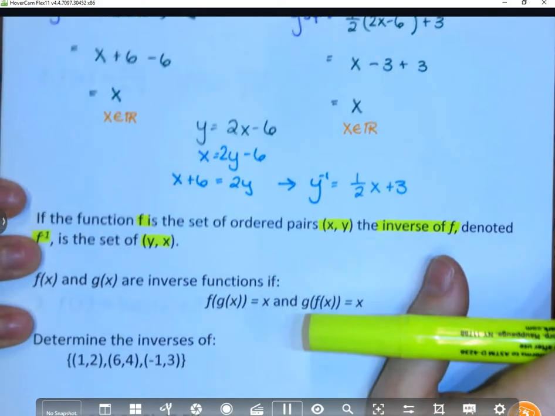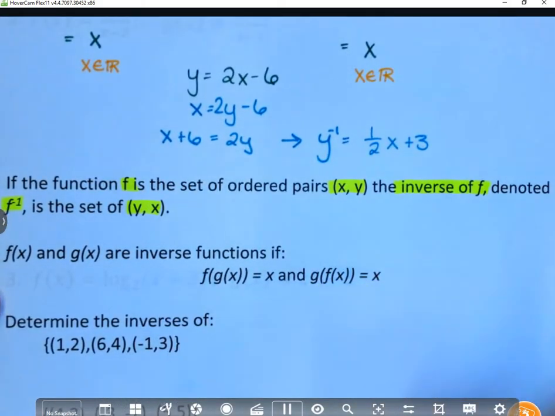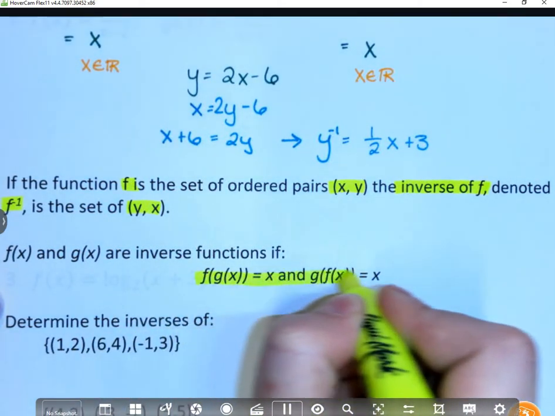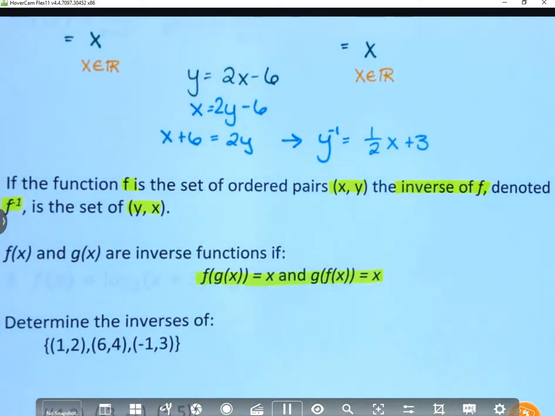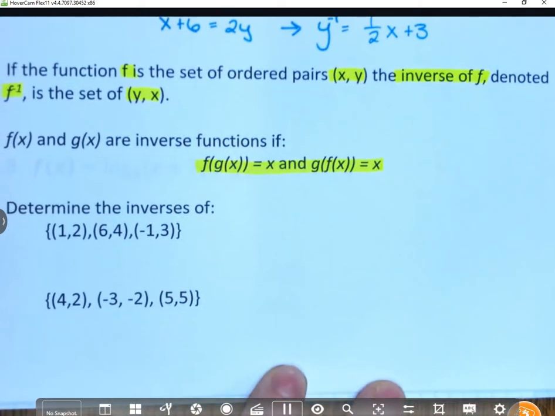And so we get to say that two functions are going to be inverses of each other if, when I do a composition both directions, f of g and g of f, you get just x at the end. So if f is xy, the inverse of f is yx. So that can make for a very simple problem.